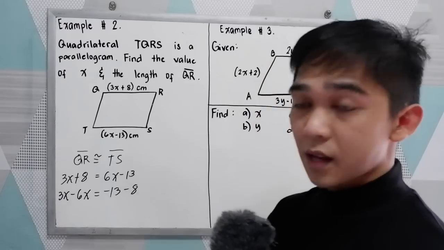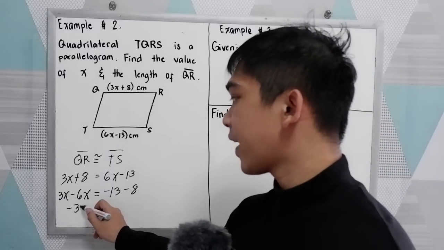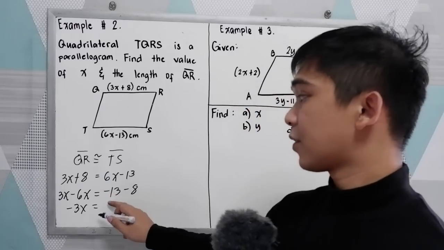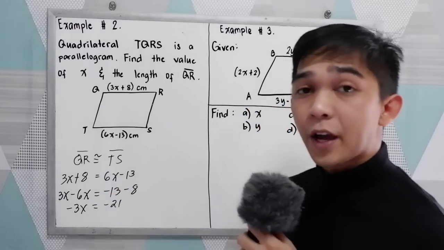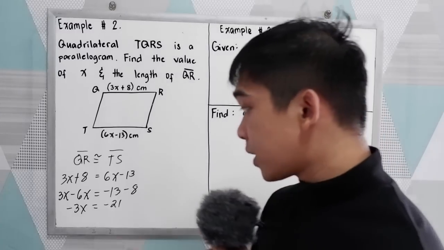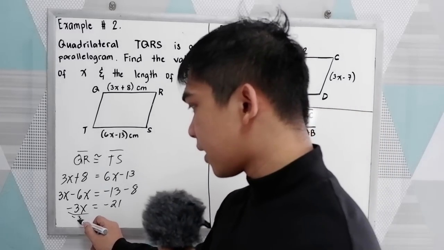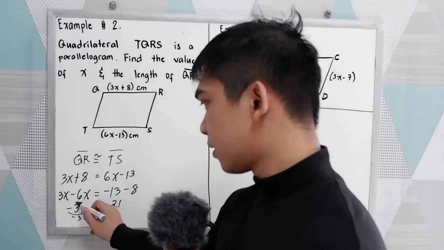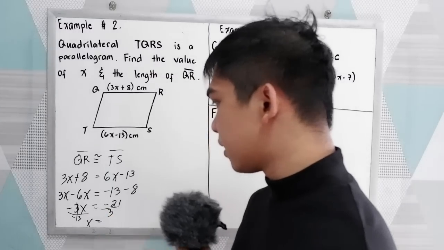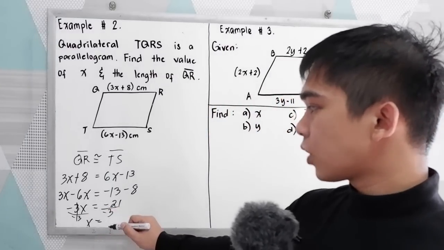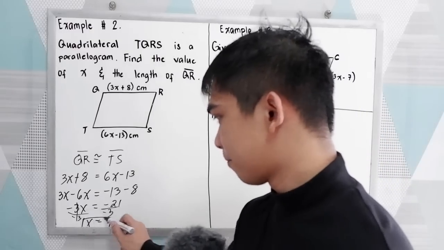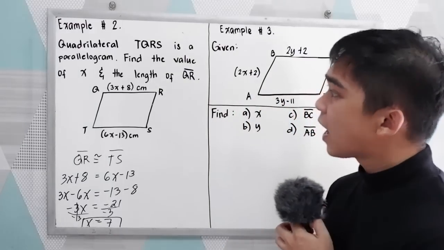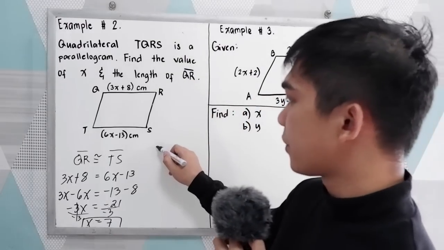Now, 3x minus 6x, that is negative 3x, is equal to negative 13 minus 8, that is negative 21. Finally, to get the value of x, we need to divide by negative 3. So, x will be negative 21 divided by negative 3, that is positive 7.